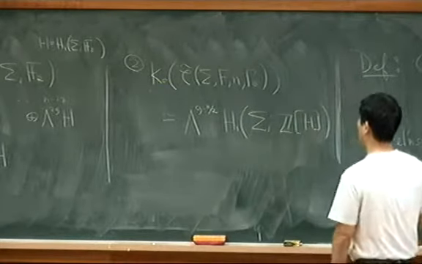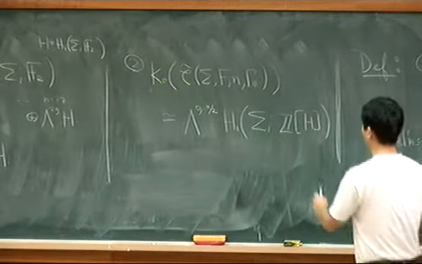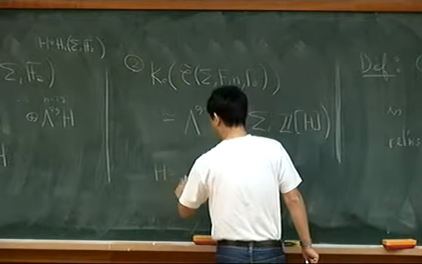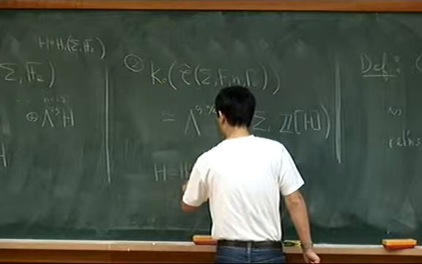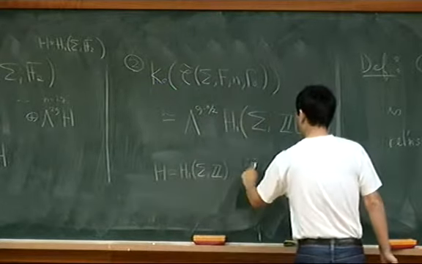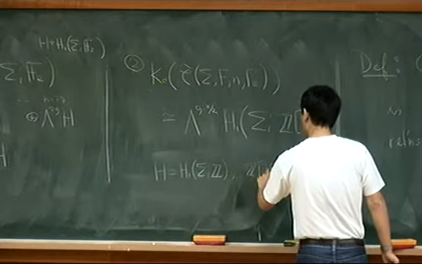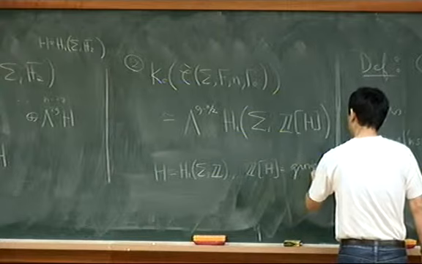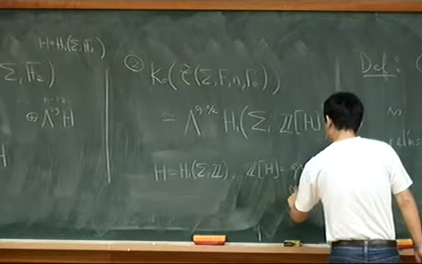It's scary looking, but Z bracket H is the group ring. Here H is not that. H is actually H1 of sigma, now with Z coefficients. And Z bracket H is the group ring over H.